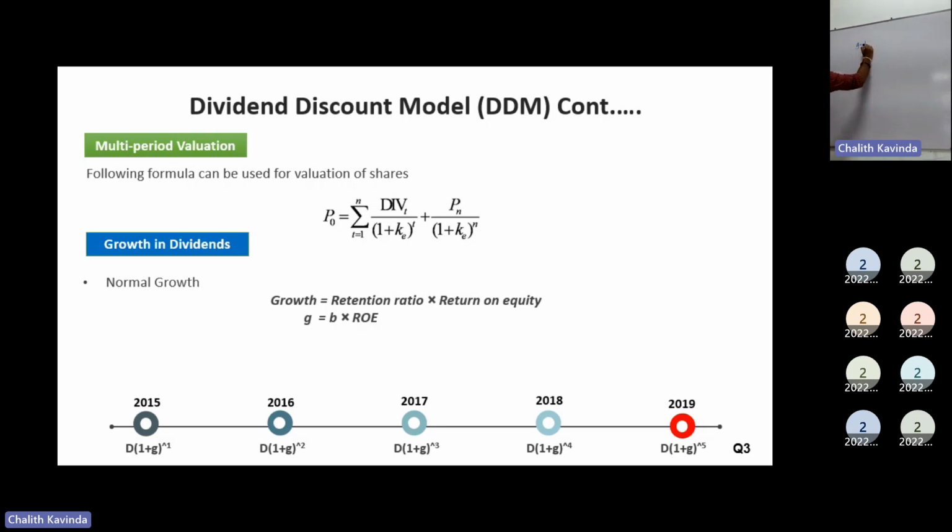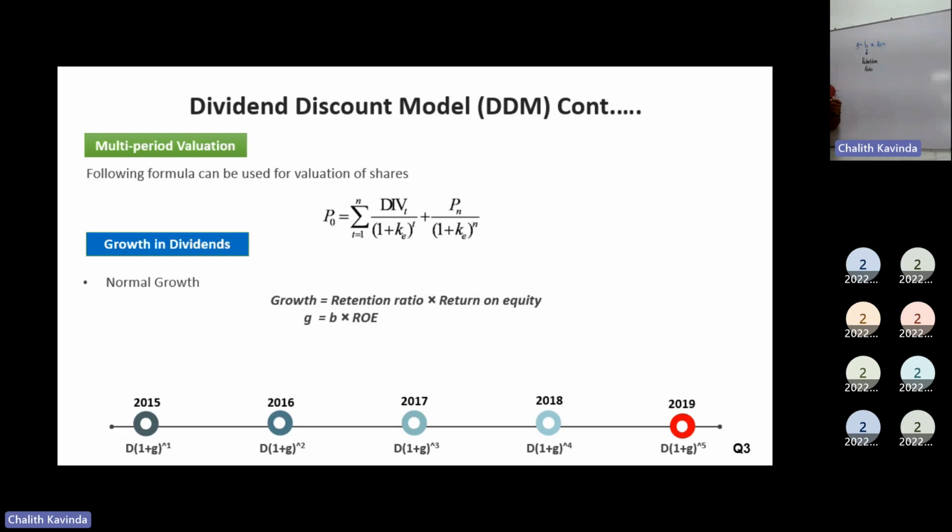Growth rate equals b multiplied by return on equity. You know this formula, right? Growth equals b multiplied by return on equity. b is your retention ratio.